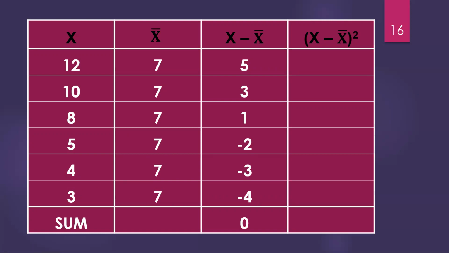Helpful tip to be checking your math at this point. Your column 3 here should always add up to 0. Or when we start doing more complicated problems that sometimes come out to decimal points, because of rounding, you might be at like 0.2 or 0.1 or something like that, right?